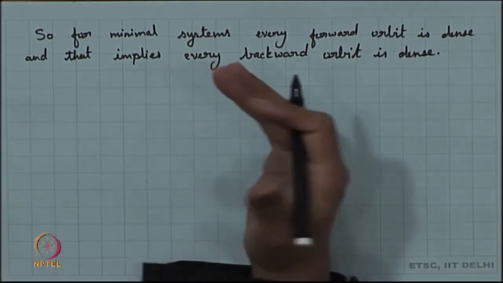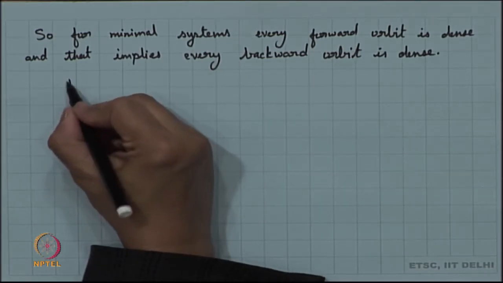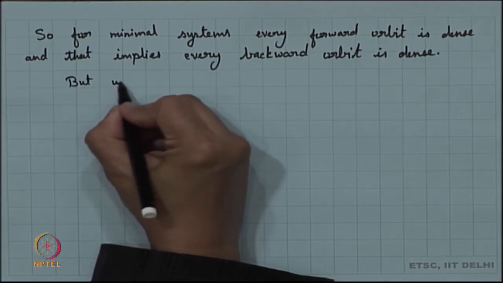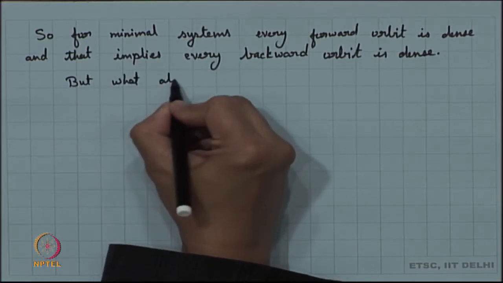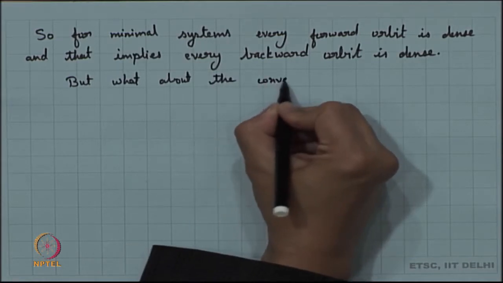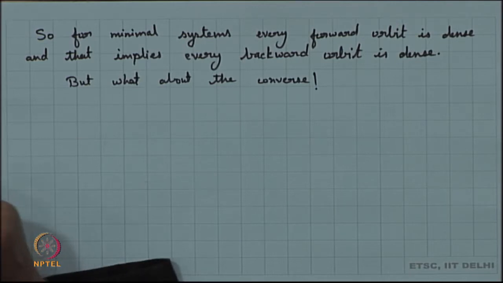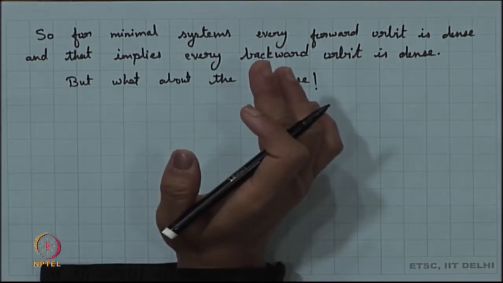So every forward orbit is dense implies every backward orbit is dense, but what about the converse? Suppose we assume that every backward orbit is dense, what can we say about the forward orbit?